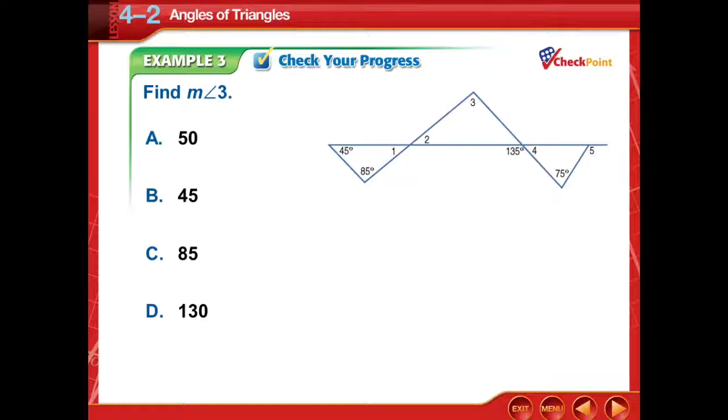Here is an example that you should complete to find angle 3. Please remember that there is no way to directly get angle 3 without getting at least one, most likely two other angles.